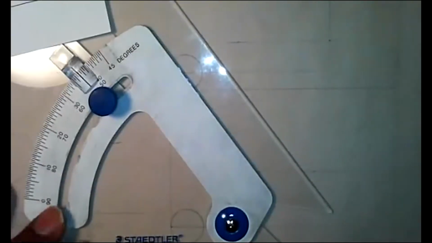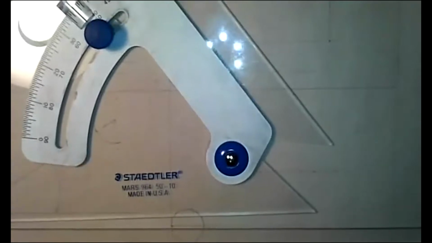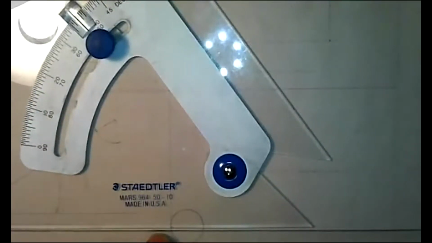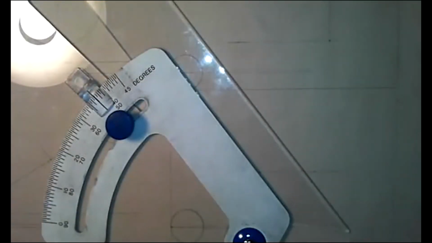It's quite obvious as this little triangle rests on my straight edge, and then I look at the sample drawing, right? Good. It's quite obvious, okay, that this side of the adjustable triangle represents 53 degrees.